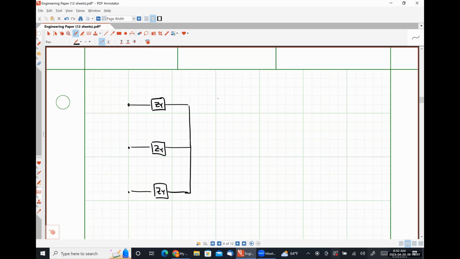Where ZY has some magnitude and it has some phase angle theta ZY, right? Here's our voltage VAN. Here's our current IAN. Here's our current IAA.